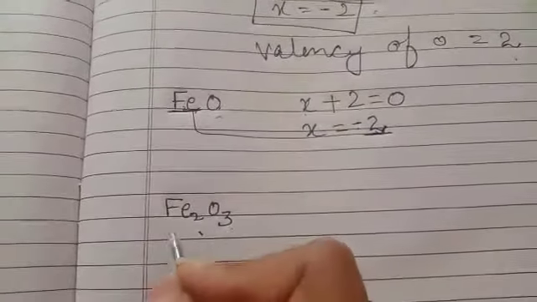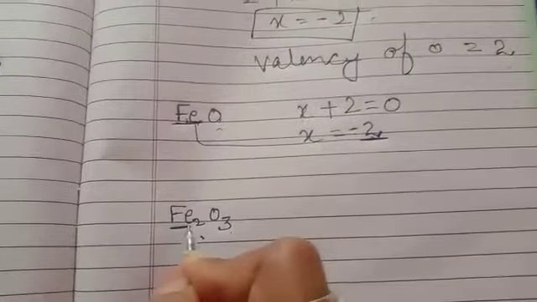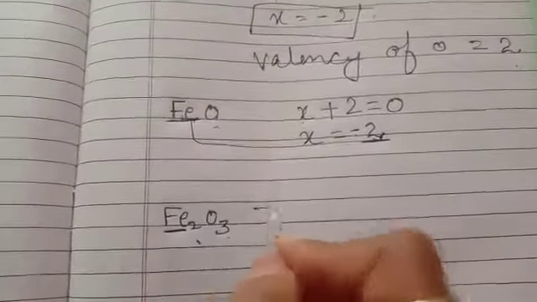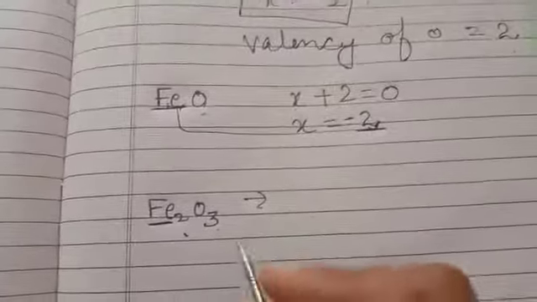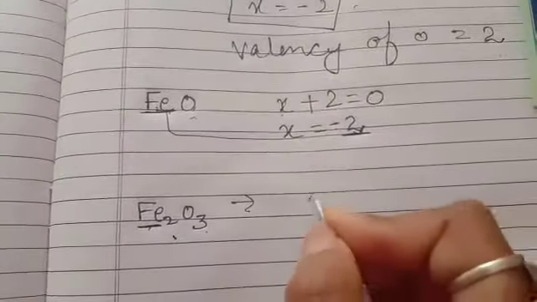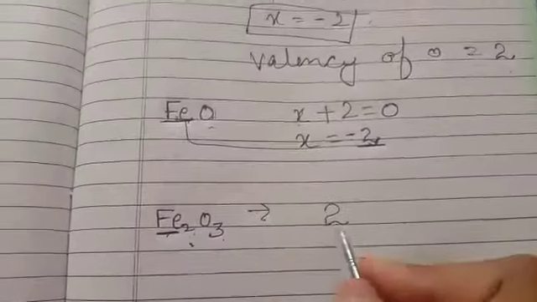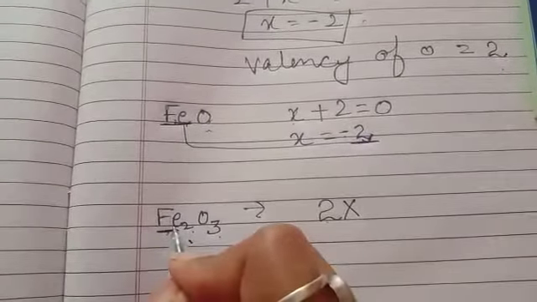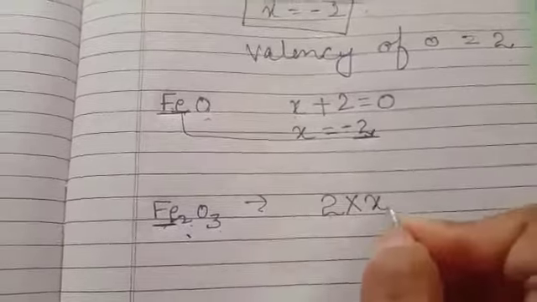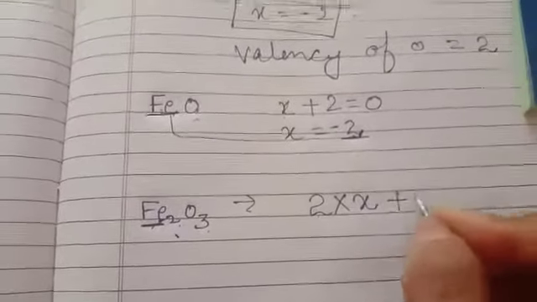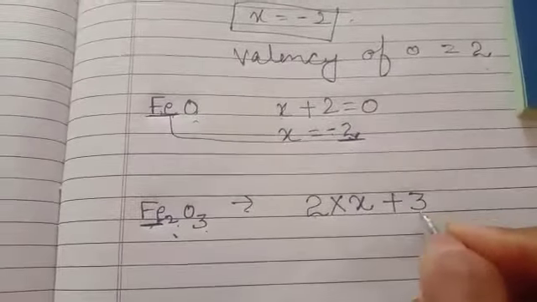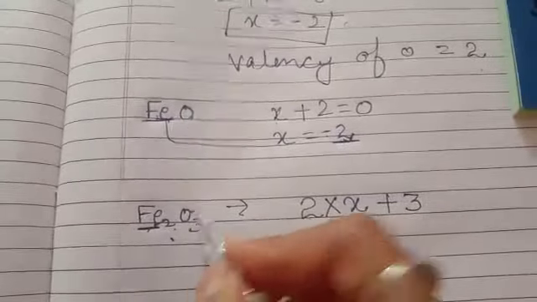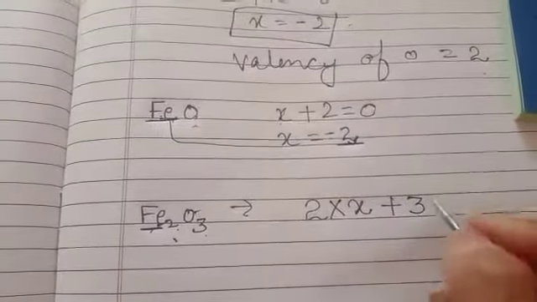Next is Fe2O3. Here we have to find the valency of iron again. Here you will learn a new thing, beta. For iron write X, so 2X plus 3 oxygen, so write 3 here, and the valency of oxygen we know is 2.